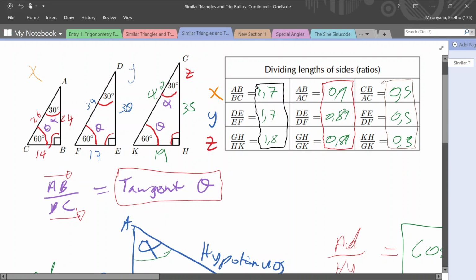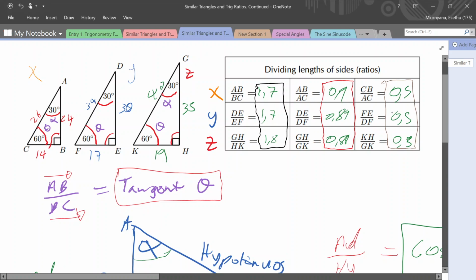In a sense, there's something very profound showing here: whenever we divide the adjacent side by the hypotenuse, we always get a half.